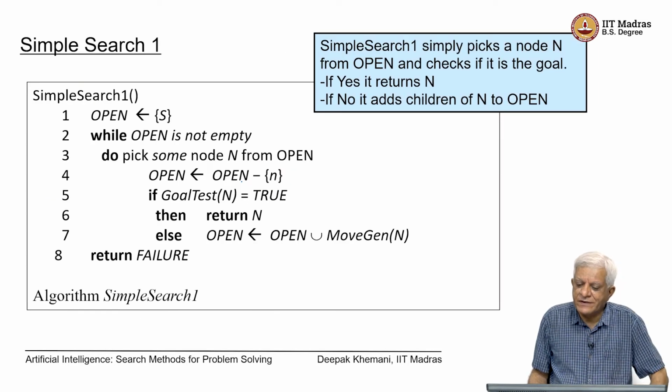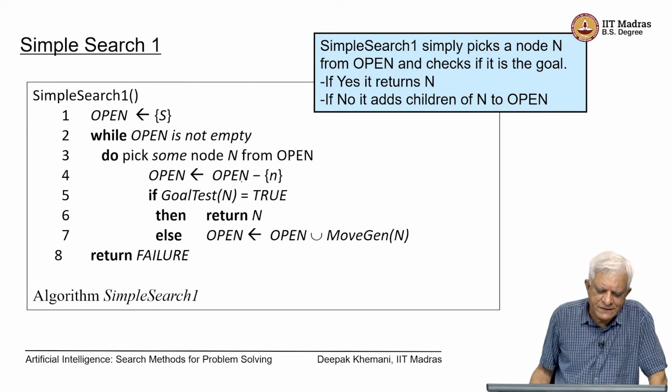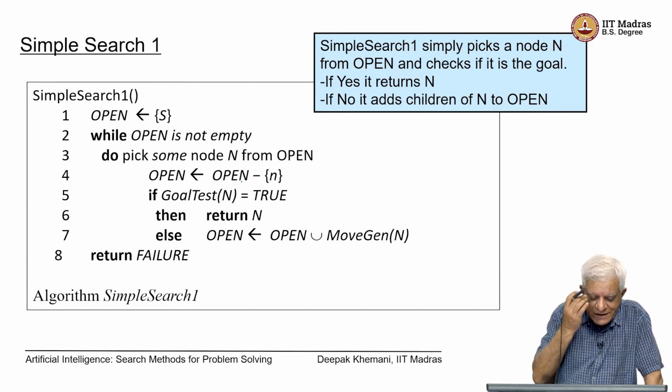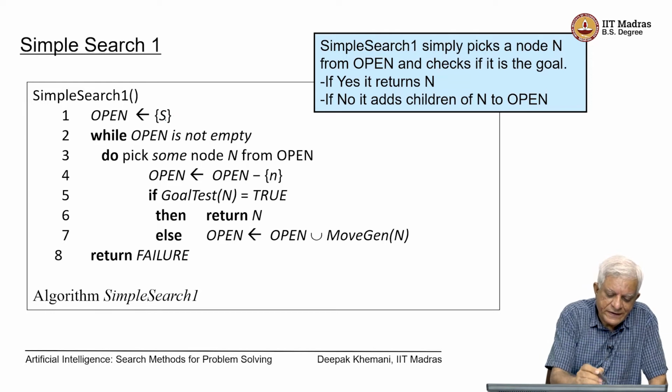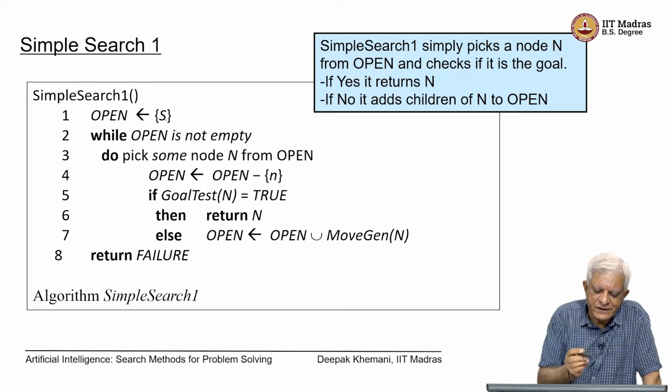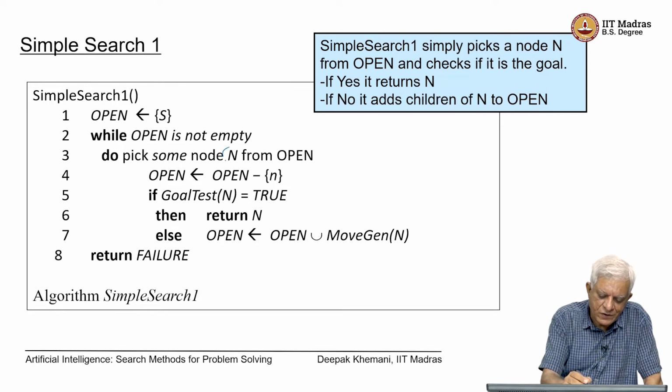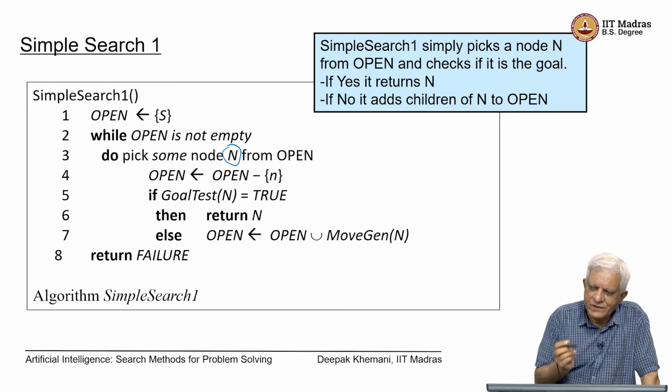So, here is our first algorithm; let us call it the simple search algorithm. We start by adding S to open. Here we are treating open as a set, but as I said, we will eventually treat it as a list. You can alternate between the two. The algorithm is as follows. While open is not empty, and it is not going to be empty because initially you have put S into it, pick some node from open, let us call that node N, and remove it from open.